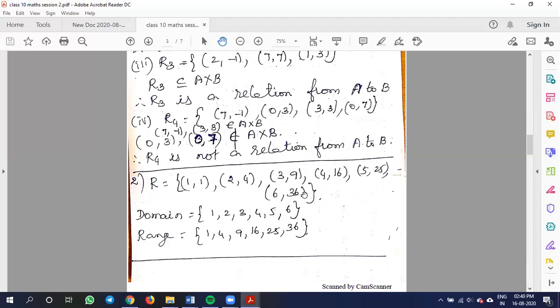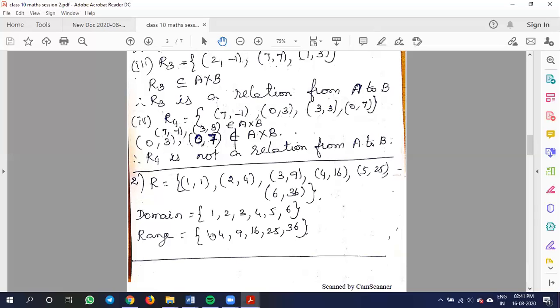Now the next number is 7. What is the square of 7? 49. But do you have 49 in the set B? No, because you have the numbers 1 to 45 only, in the set A as well as in the set B. Since 49 is not there, we cannot take the pair 7, 49. So only these elements satisfy the condition.